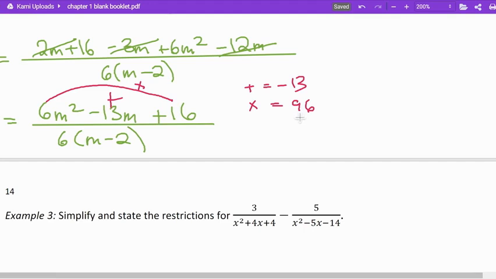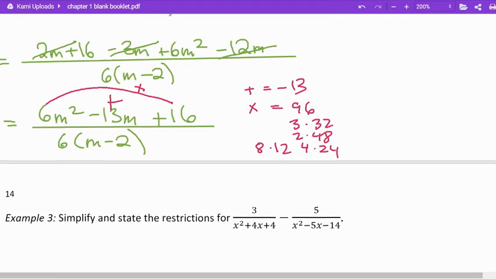Okay, so 96 is going to be 3 times 32, is it? What else? 2 times 48. 4 times 24. 8 times 12. Any of them give me 13? No, right? I think that's it. All right, so we can't factor it.